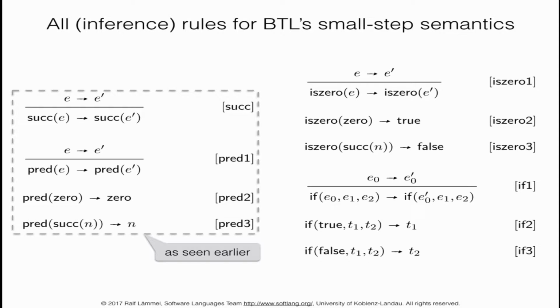Okay. So now here are all the rules. On the left, there are the rules that we just have seen. On the right, there are the remaining rules. So it's important to realize that for every construct, suc, pred, is zero, if, we always have at least one rule that deals with making progress with some argument position. So suc and pred and is zero, they only have one argument position.